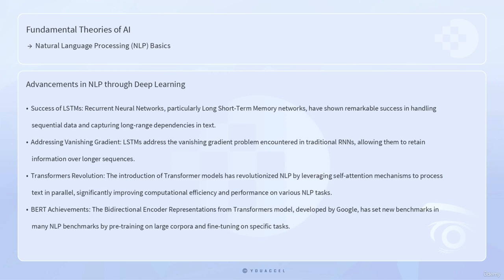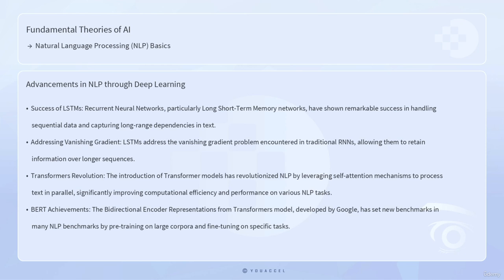The advent of deep learning has further propelled the capabilities of NLP. Recurrent neural networks, particularly long short-term memory networks, have shown remarkable success in handling sequential data and capturing long-range dependencies in text. LSTMs address the vanishing gradient problem encountered in traditional RNNs, allowing them to retain information over longer sequences.